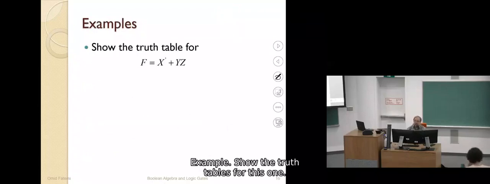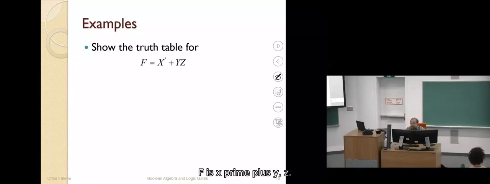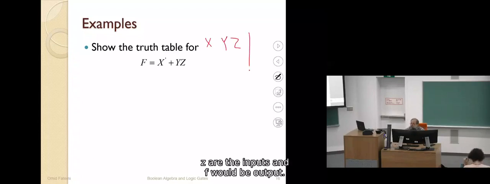Example. Show the truth table for this one. F is x prime plus yz. How many inputs do we have? 3. So how many rows should our table have? 8. So let's put x, y, z as the inputs, and f would be the output.